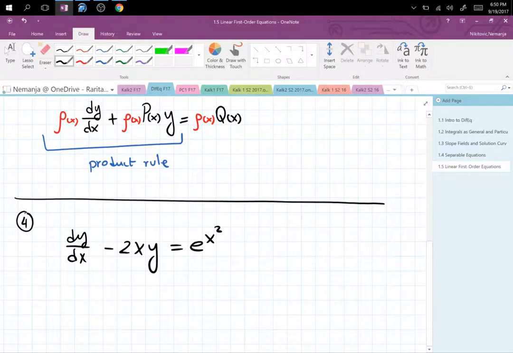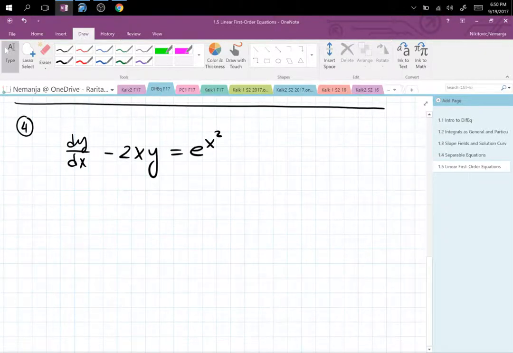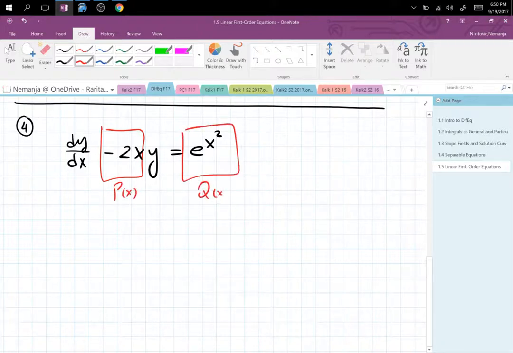Again, all of the exercises that are worked out in the textbook you can read, because you know all the letters and numbers, just look at it. We do new examples, so you have more examples. The first order of business is to understand that this part over here is your p of x, and this over here is your q of x. You don't need q of x separated out, but that's what it is.